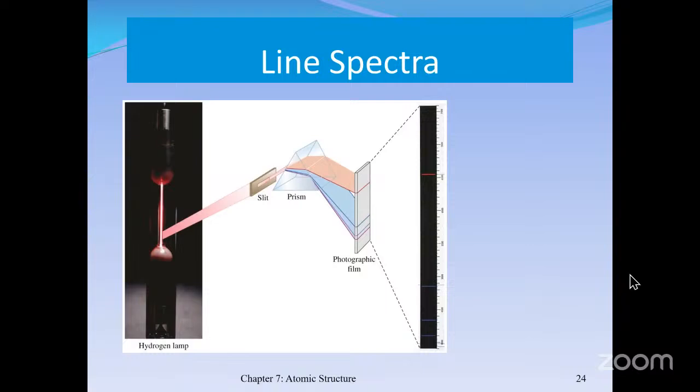So we call this a line spectrum, which is different from the continuous spectrum that we observed earlier. We observe a line spectrum being produced by elements placed in this sort of setup. In fact, we can use a line spectrum to identify elements because different elements have different line spectra, right?